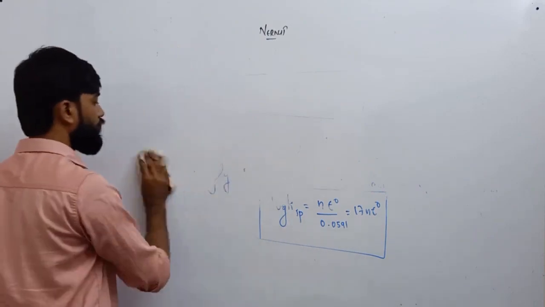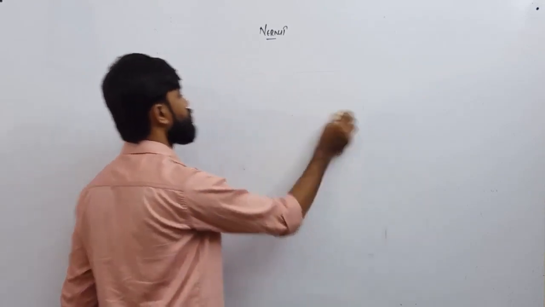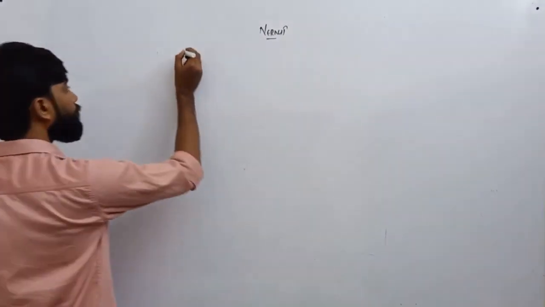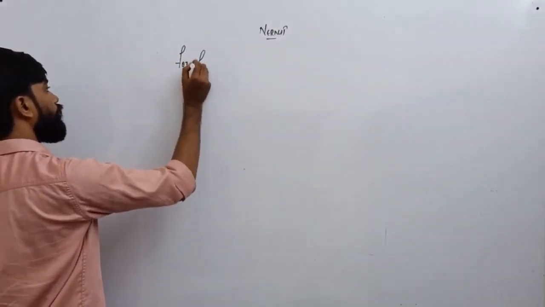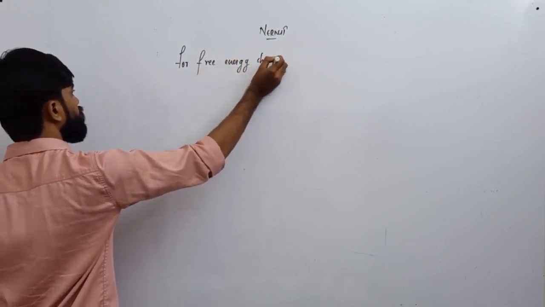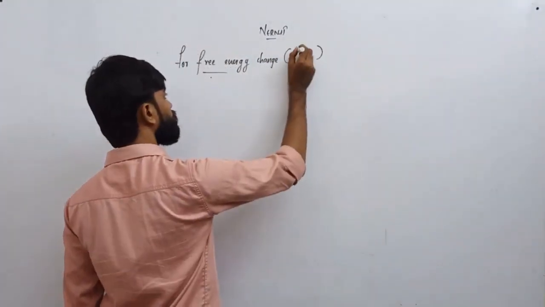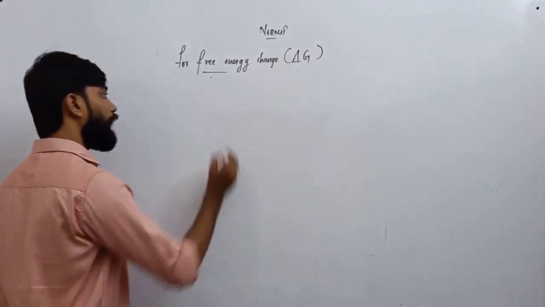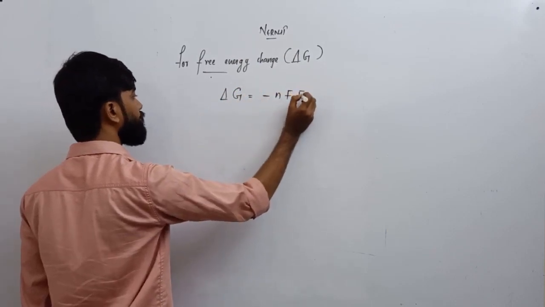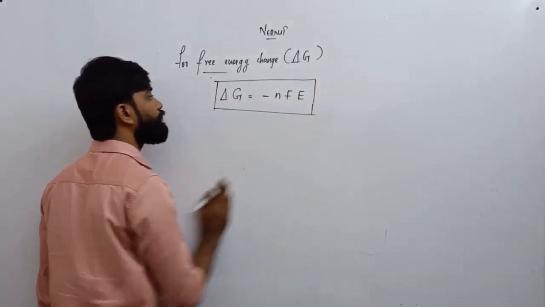Then the next equation is for Gibbs energy change, or free energy change. I think you are familiar with the free energy change from your thermodynamics. For free energy change, delta G, the expression is delta G equals minus nFE, minus nF times EMF.